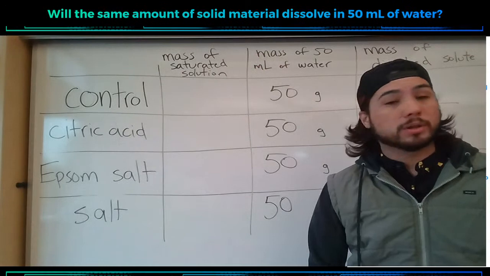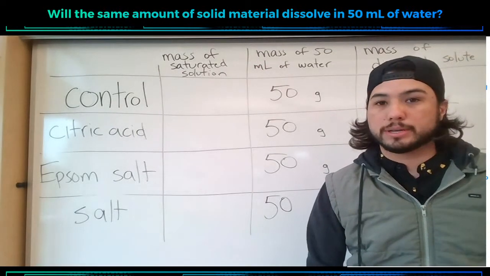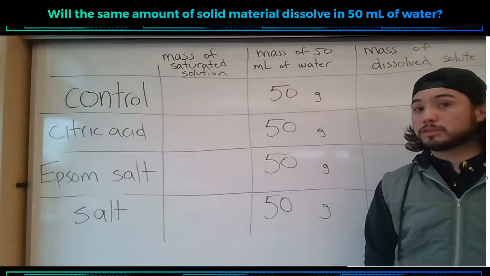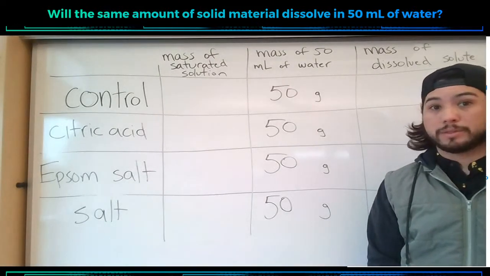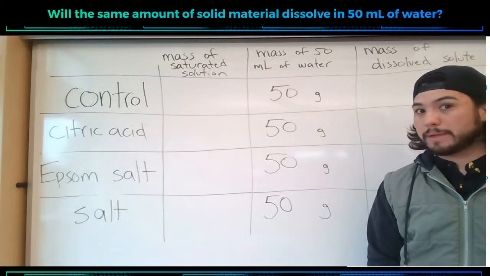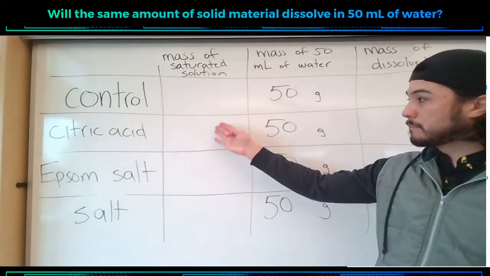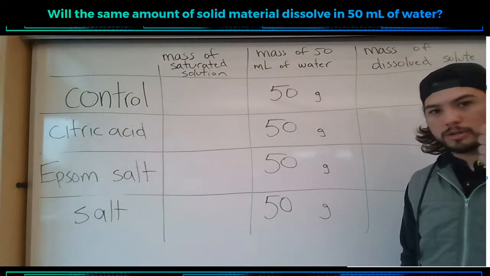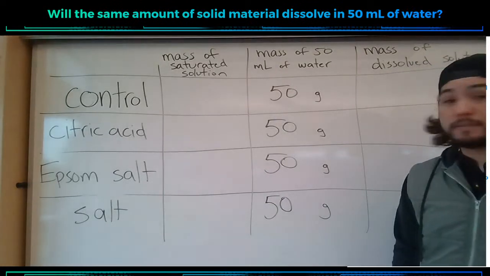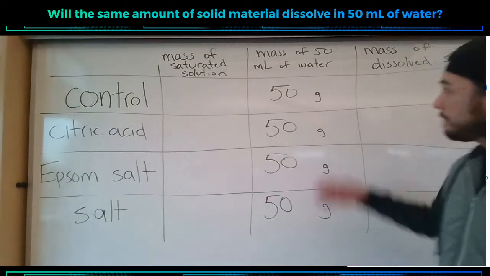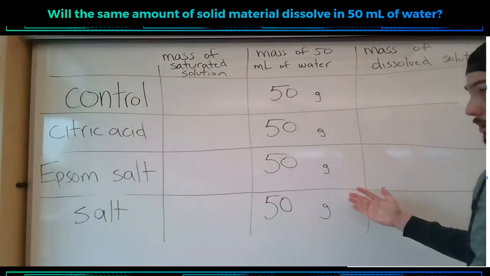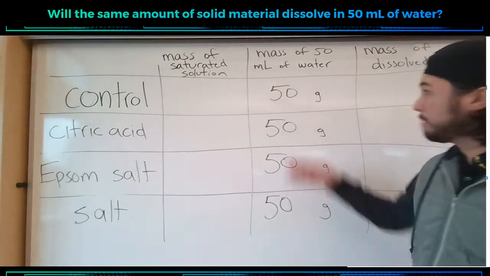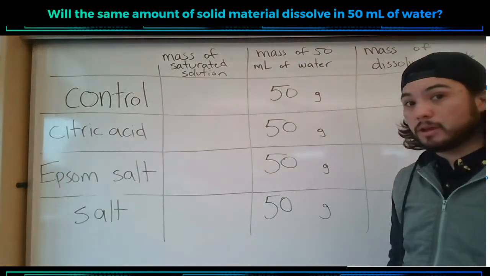Once we've filtered out any excess, so we get an accurate reading on the mass, we're going to use our balance to take the mass of the whole thing: our dissolved solute plus our 50 milliliters of water. We know that 50 milliliters of water, and I measured it to be sure, equals 50 grams of mass. The volume is 50 milliliters, the mass is 50 grams.